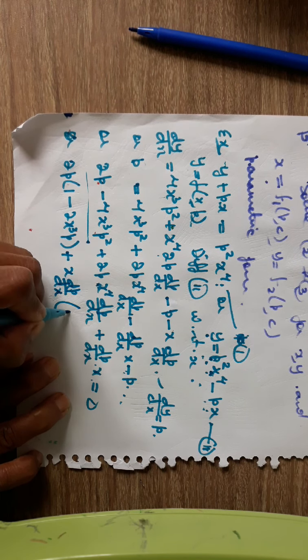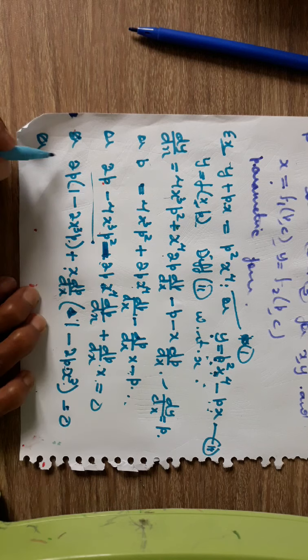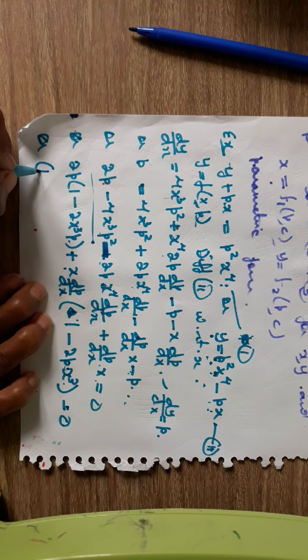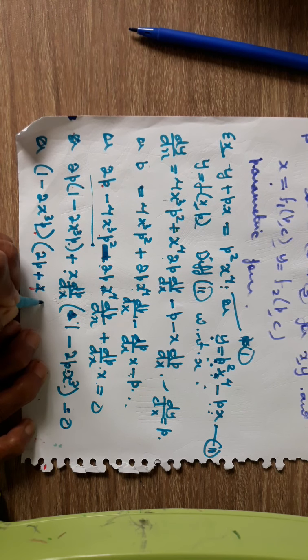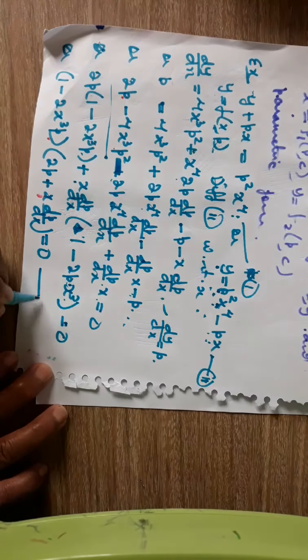When you bring it to this side it becomes minus, so you have 1 − 2x³p. Here x to the power 3, because one x I have already taken outside, into p equal to 0. Or you can factorize: (1 − 2x³p)(2p + x dp/dx) = 0. We name this equation 2.